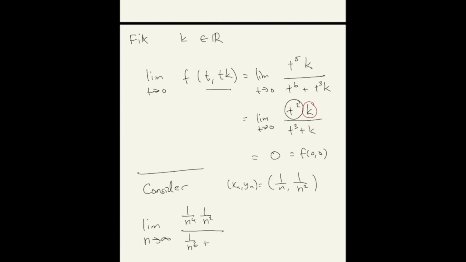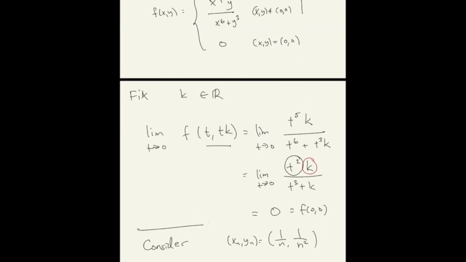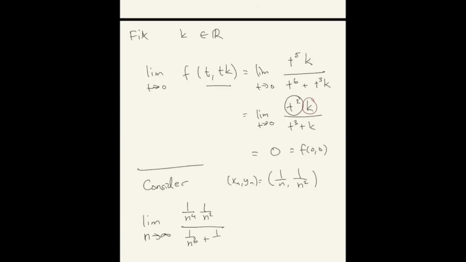And plus y cubed, so 1 over n to the 6th. So what is this? In the numerator, you have 1 over n to the 6th, and you divide by twice that. So the limit is 1/2. So we see that this function is actually not even continuous.